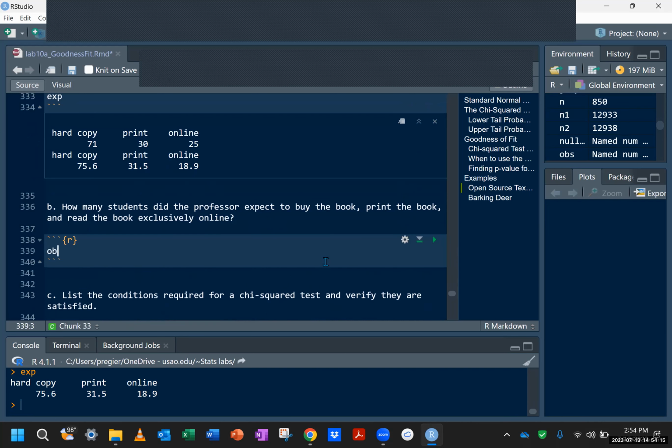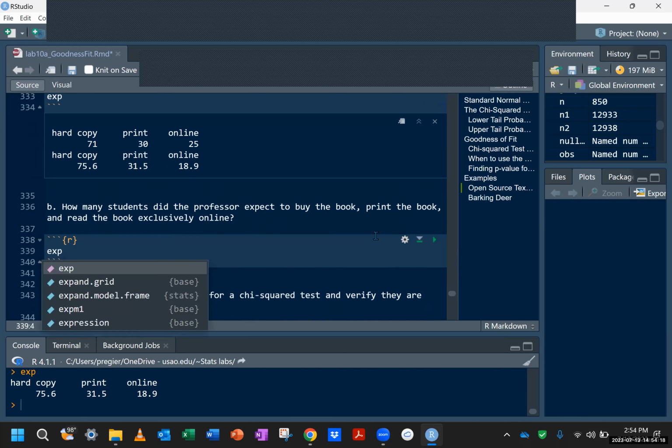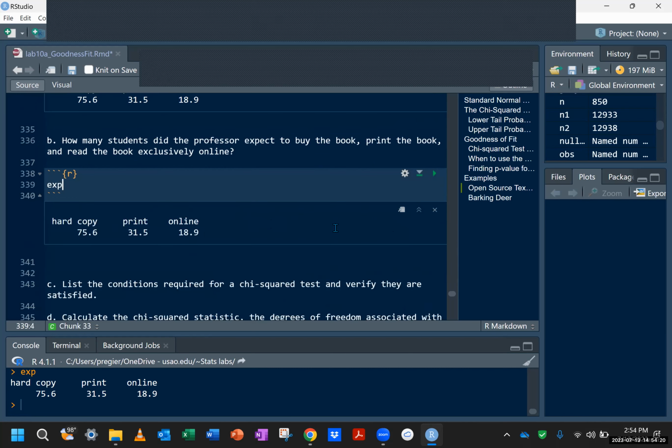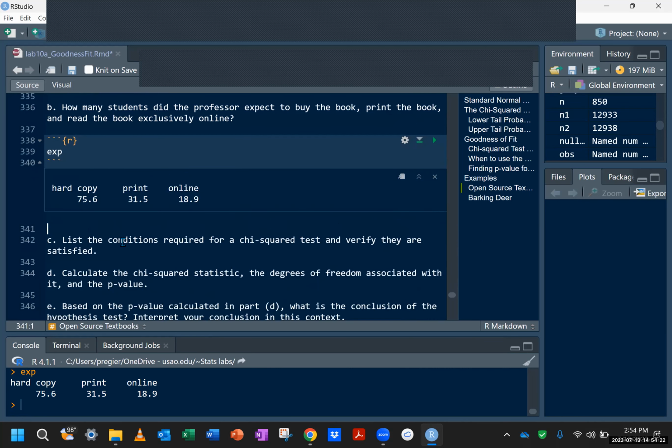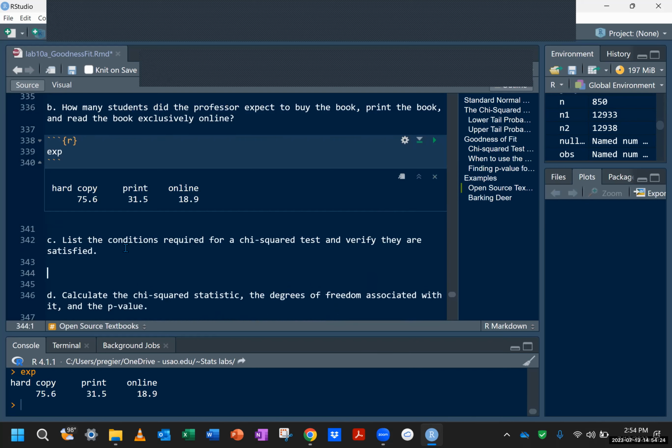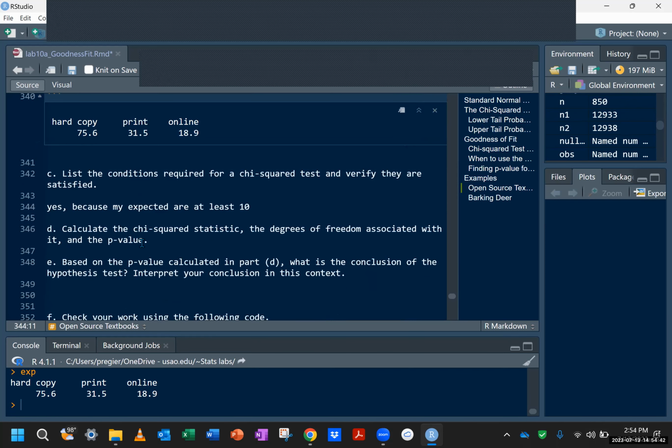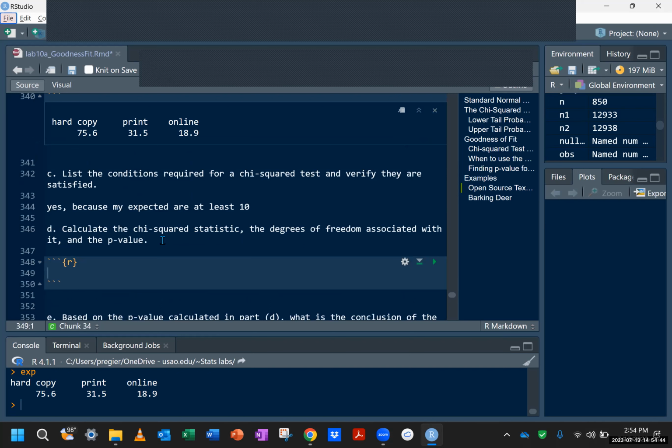B is already answered. That's my expected value. Okay. And now C, my expected counts. Now C is, do we satisfy the conditions for the chi-squared? I'm going to say yes, because my expected counts are at least 10. And then for D, let's find out what my chi-squared statistic is.